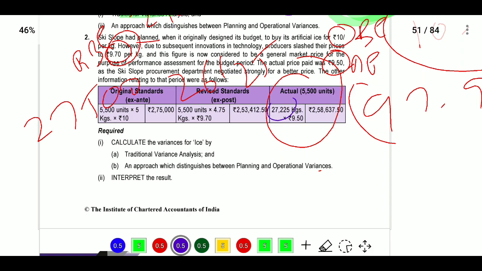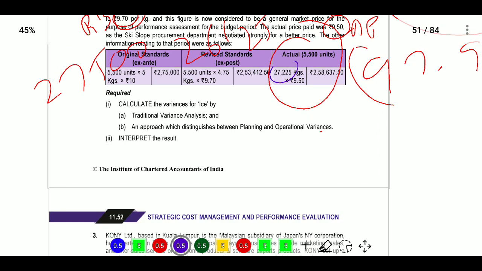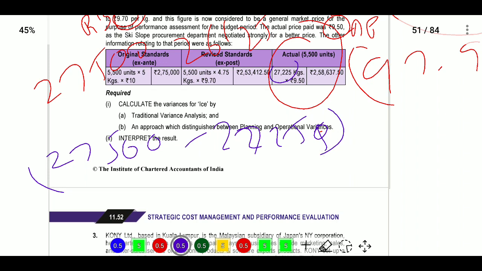If you go for the usage variance, how will we get it? First we see budgeted minus actual. The budgeted is 27,500 minus 27,225, the actual, into which price? We take the standard, budgeted price, which is 10 rupees.